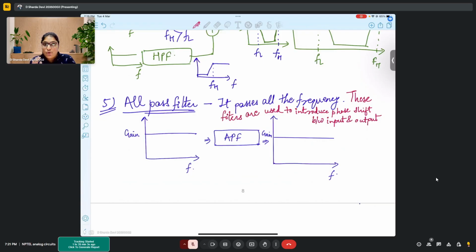So for an all pass filter, the difference that you would observe is not in the magnitude Bode plot or magnitude frequency response. Rather, you would see the difference in the phase response.